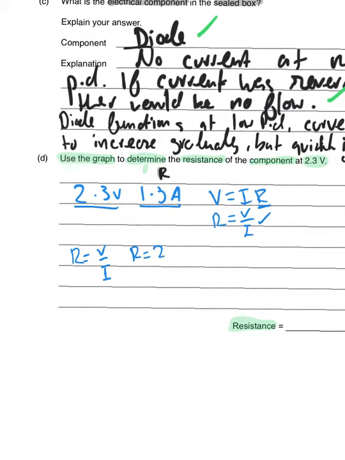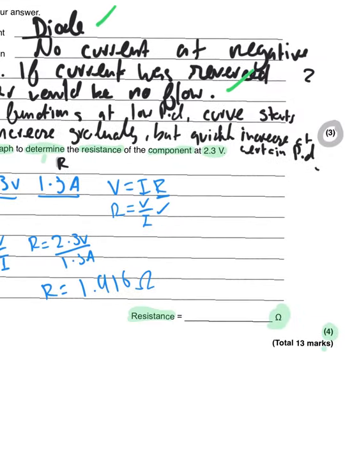So that's resistance equals 2.3 volts divided by 1.3 amps. So resistance must equal 1.916 ohms. And here's where it wants the answer. So I'm just going to round it off to 2 significant figures. So 1.92 ohms. And that's my final mark.